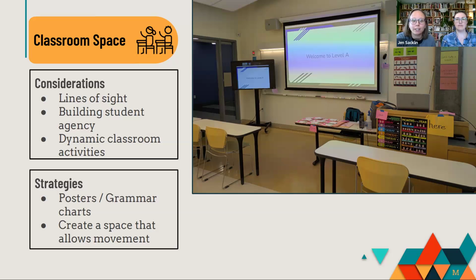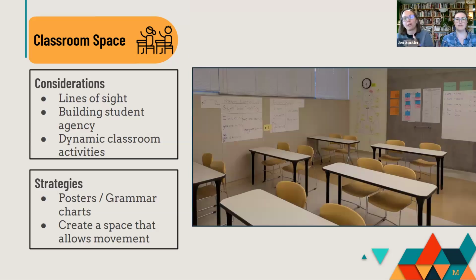The other thing that we really considered is having an interpreter, whether it's remote or not, can create the feeling that a student is kind of chained to the computer that the interpreter's on, or chained to that extra individual. So we wanted to create a classroom space that really encouraged students to stand up, move around, and build agency.